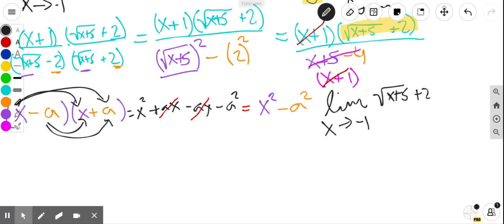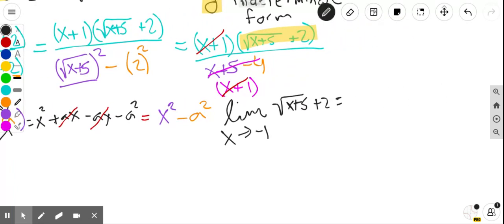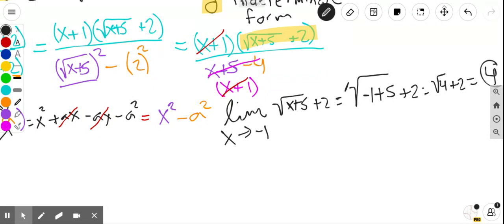And when you plug that in, you end up with the square root of negative 1 plus 5, plus 2, which is just the square root of 4 plus 2. Final answer will be 4. And that's it. And that's how I would handle these conjugates.